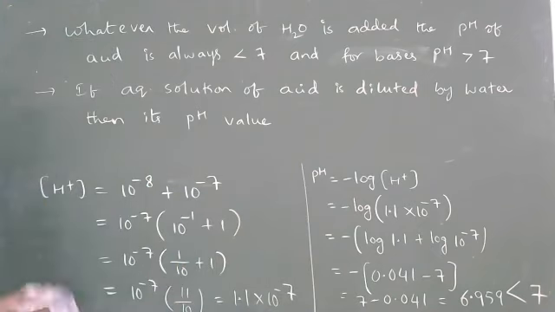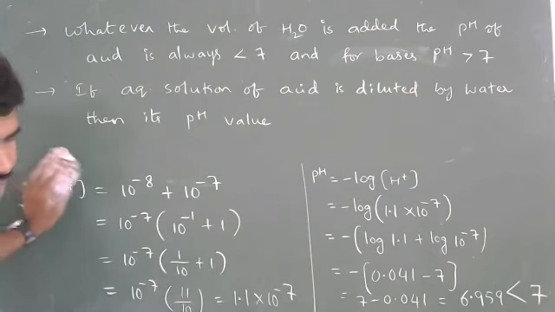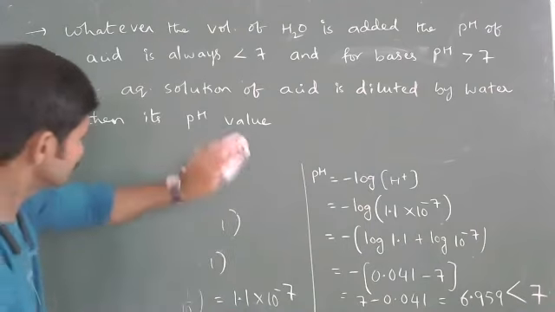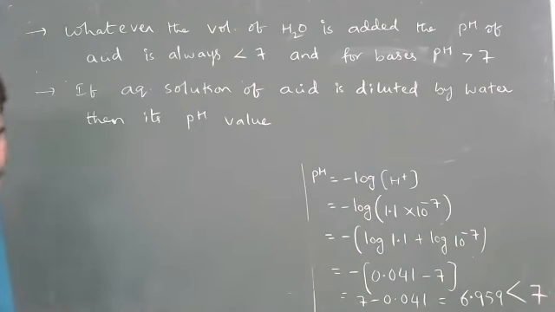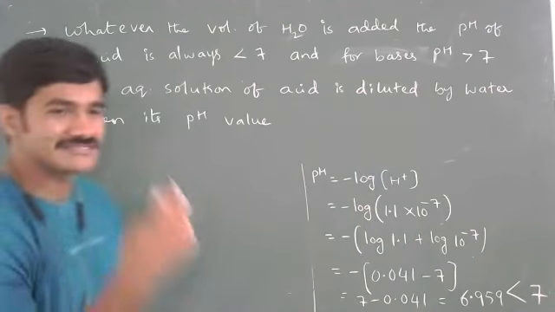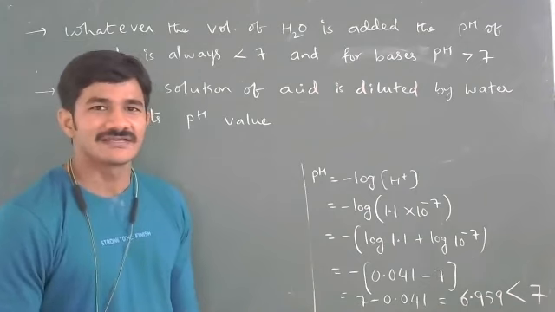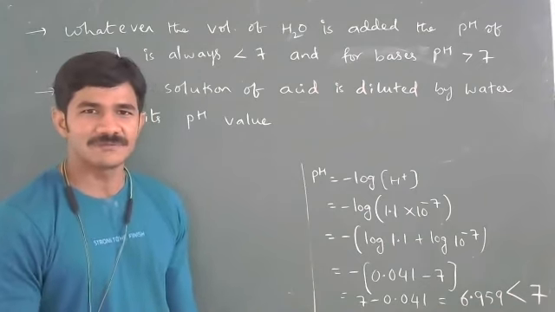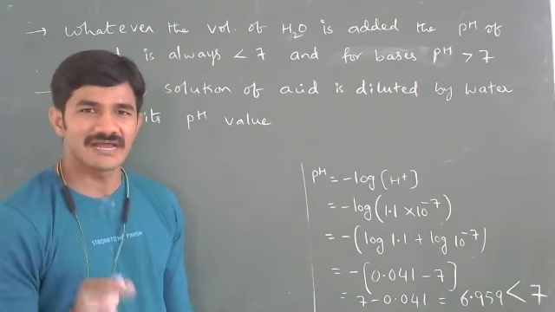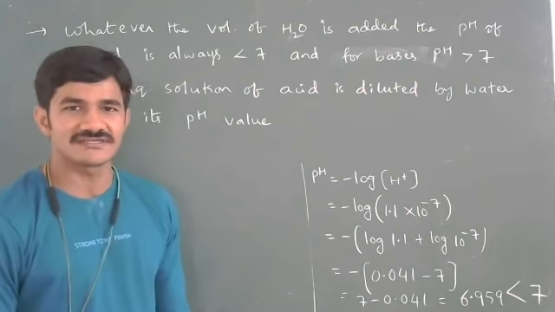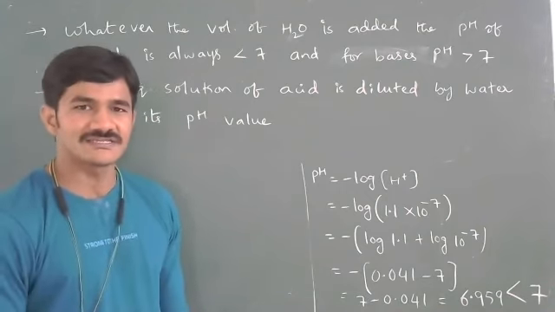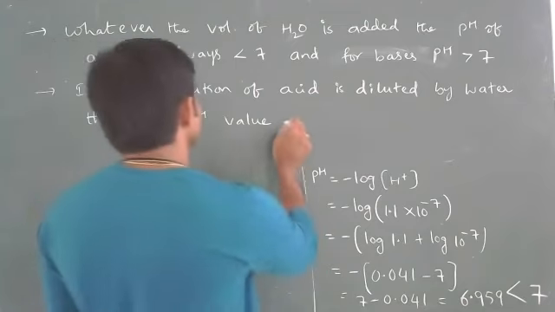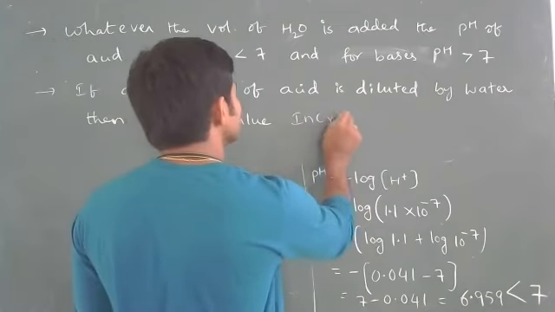Increases or decreases? When water is added to the acid, concentration of acid decreases, number of H plus ions decreases. When the number of H plus ions decreases, acidic strength decreases. When acidic strength decreases, pH value increases. So pH value increases.